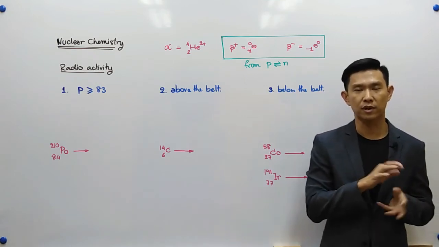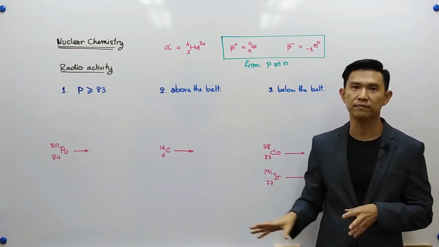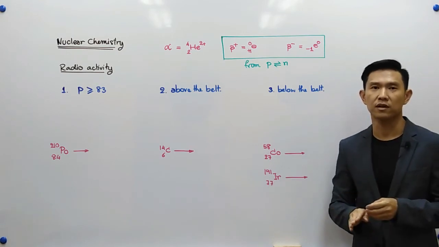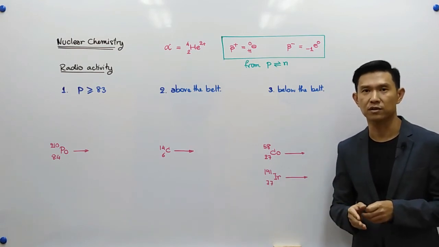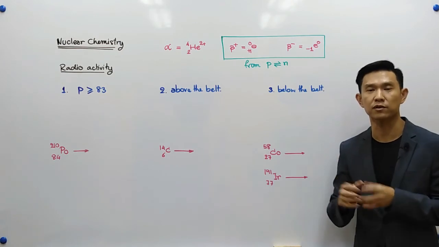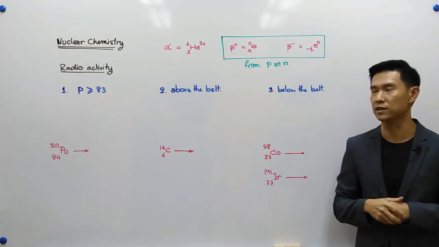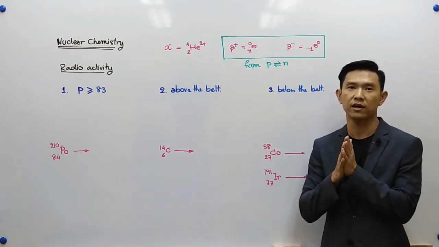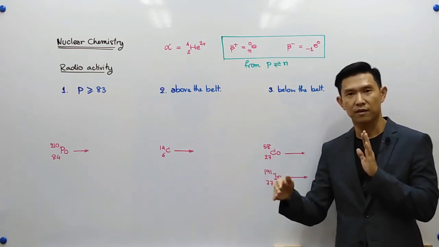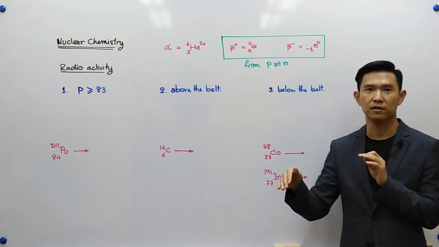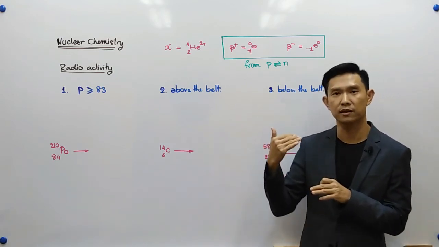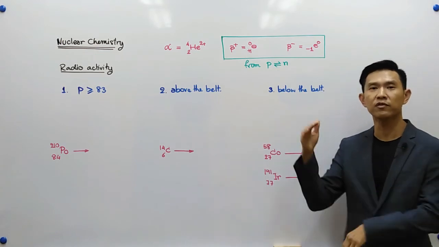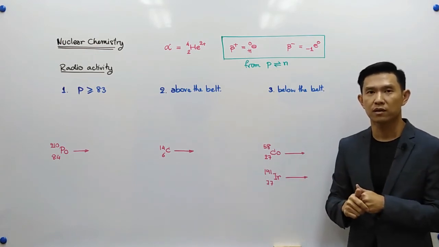They have to decompose and go back down to the belt of stability, forcing the protons to be fewer than 82 to make it stable, because of the electrostatic repulsion of the positive charges in the nucleus. But not only that, if the nucleus is in the area of 0 to 82 but not on the belt, maybe above the belt or below the belt, you have to move it back to the belt.